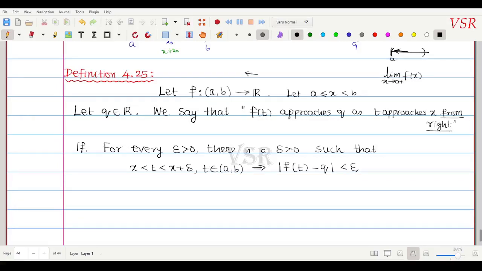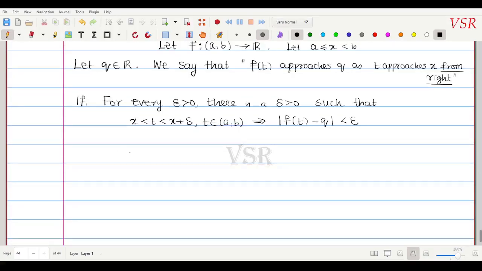So what does this mean? See, this is my domain, this is my codomain. Here there is a point q. Somewhere here I have x, this is my x, this is a, this is b. Then I have given an epsilon positive.